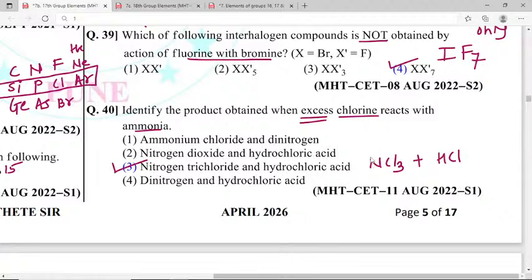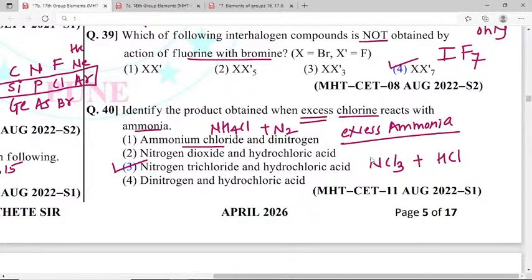And ammonium chloride, NH4Cl, and dinitrogen. This is when ammonia is in excess. If excess ammonia is written, then option A is correct. And if excess chlorine is written, then option C is correct. Please note down.